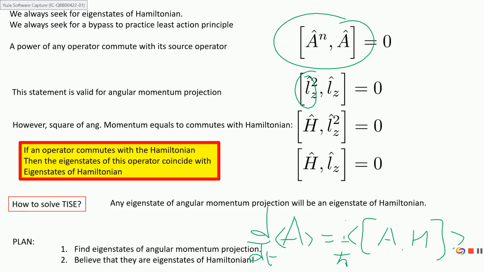But the Hamiltonian is composed of only the square of angular momentum. Hamiltonian commutes with angular momentum squared. And since Hamiltonian is composed of Lz squared, it should also commute with Lz in the first power.